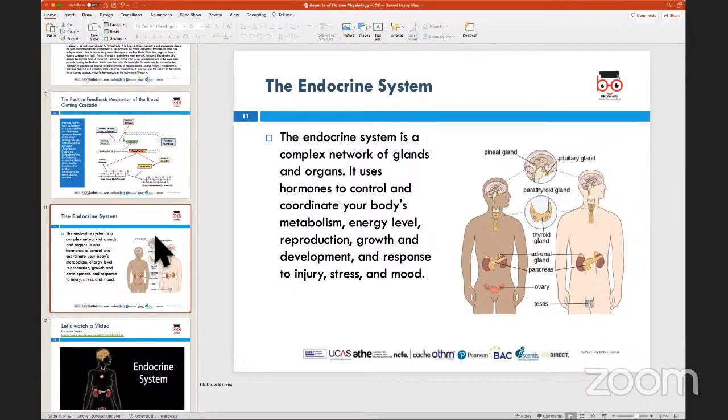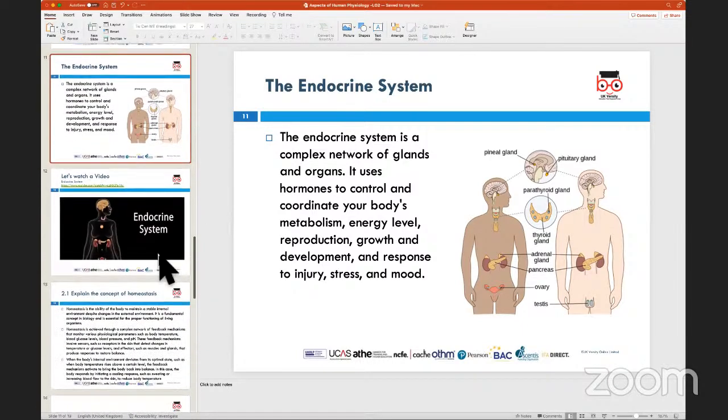We look at the responses that the body sometimes gives, which is fright, fear, stress, or the changes in your mood and development, all basically controlled on these particular organ systems in the body through the endocrine system.